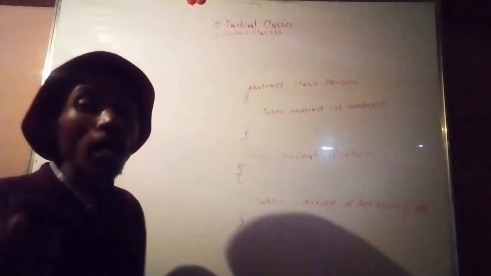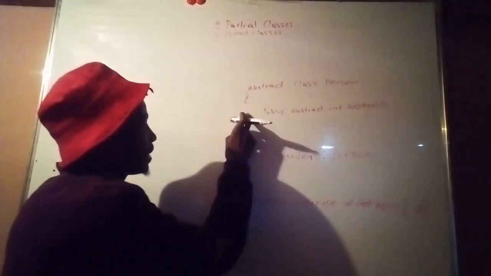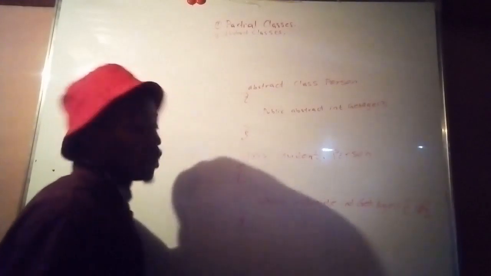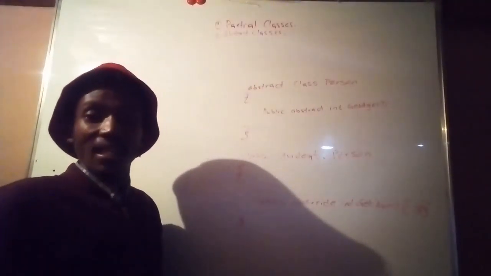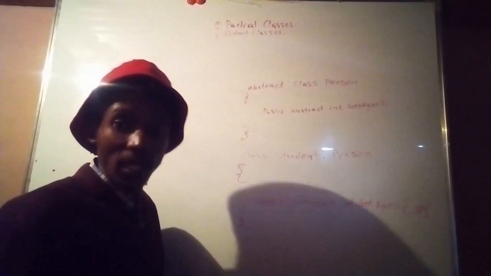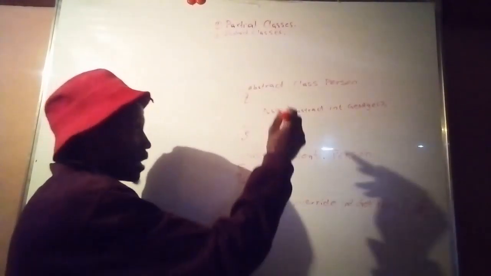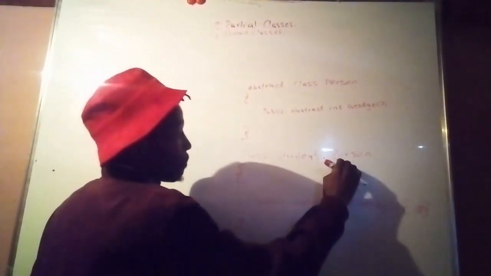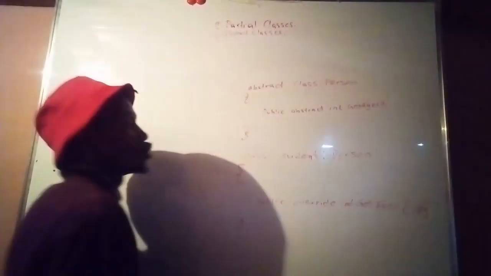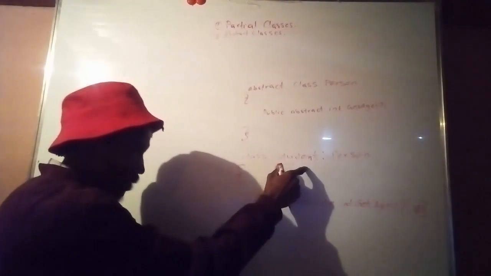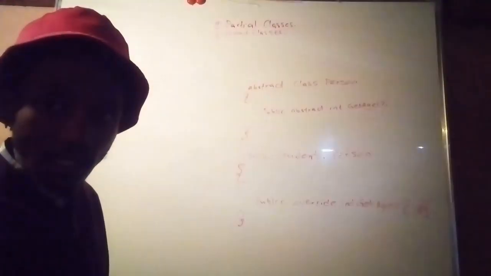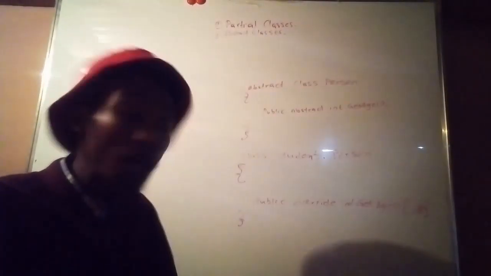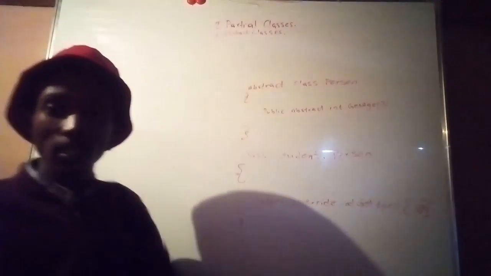Though you are not allowed to create an instance of the abstract type person in this instance, you are allowed to create an instance of a type that inherits from it, student in this instance, because student inherits from person and person is an abstract type. So you are allowed to create an instance of student and assign the reference to that instance to a variable of type person, the abstract class.